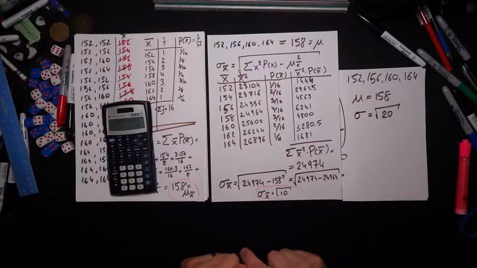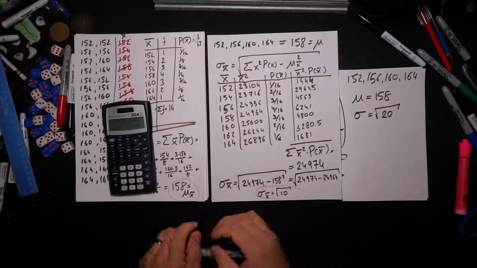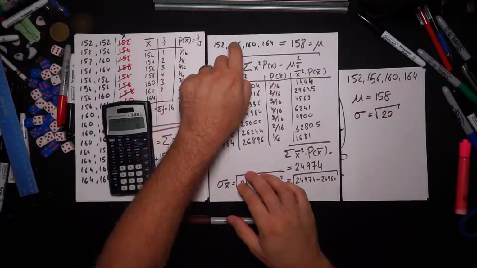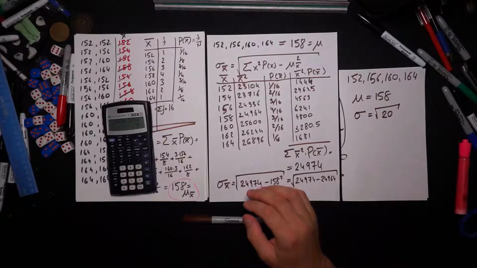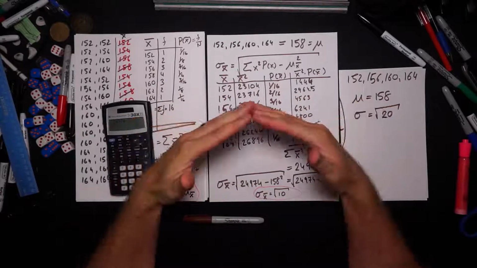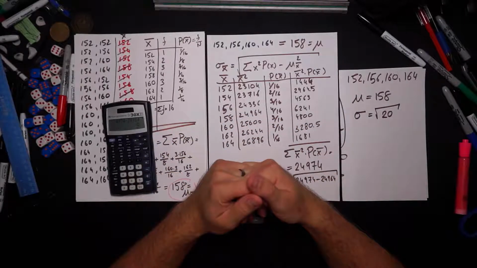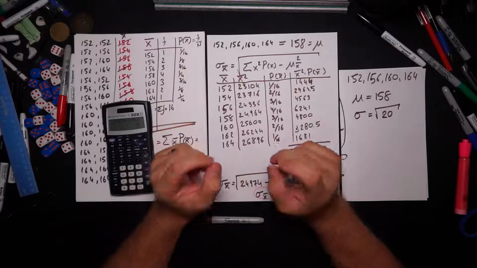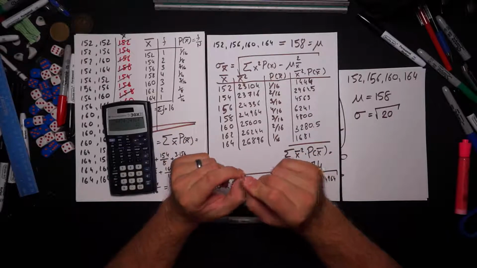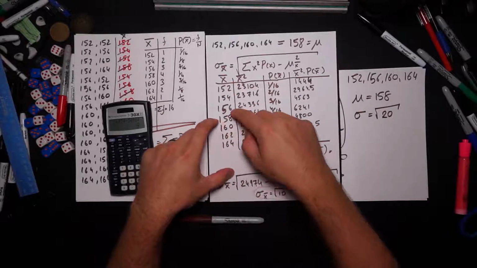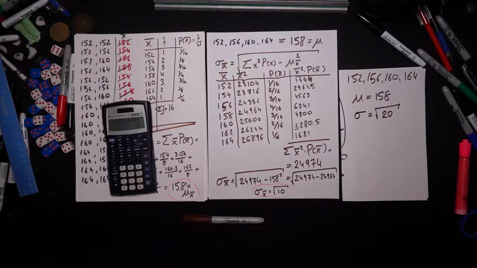Because what we realize is that if we have just our population, the distribution of values is slightly different than the distribution of the sample means of it. And the difference of that is the following.